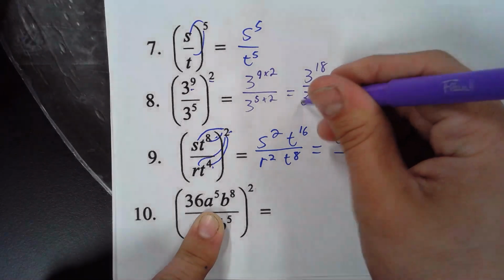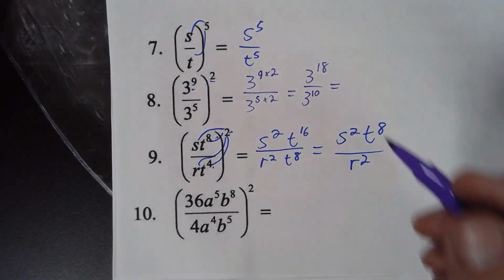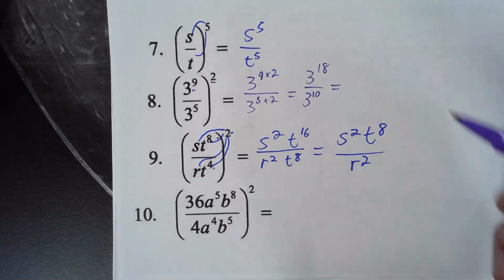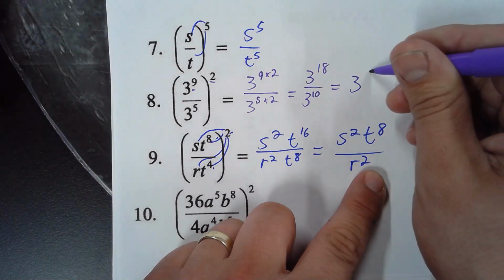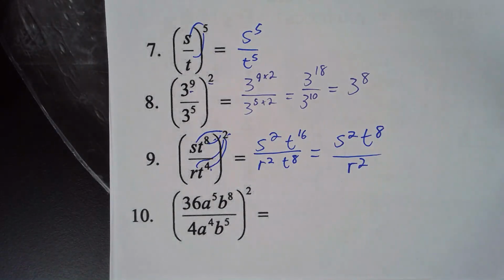Yeah, 3 to the 10th power, yep. And then we can use our division rule again. So 3 to the 18th divided by 3 to the 10th, what would 18 minus 10 be? Yep, so we would have 3 to the 8th power. And then you could evaluate that if you want to, but we'll just leave it there. So that would be 3 to the 8th.